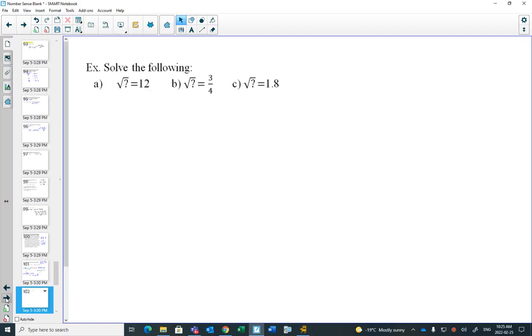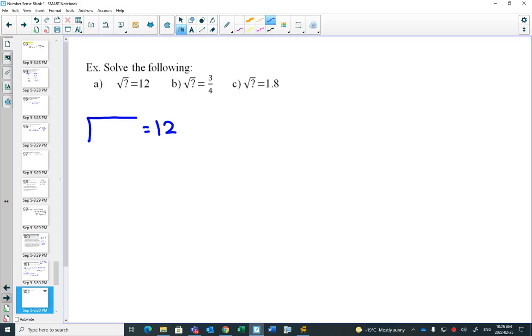Ooh. So now we have a question mark inside that square root. Has to equal 12. How could we use our calculator to find this? I think you're talking about the little squared button.